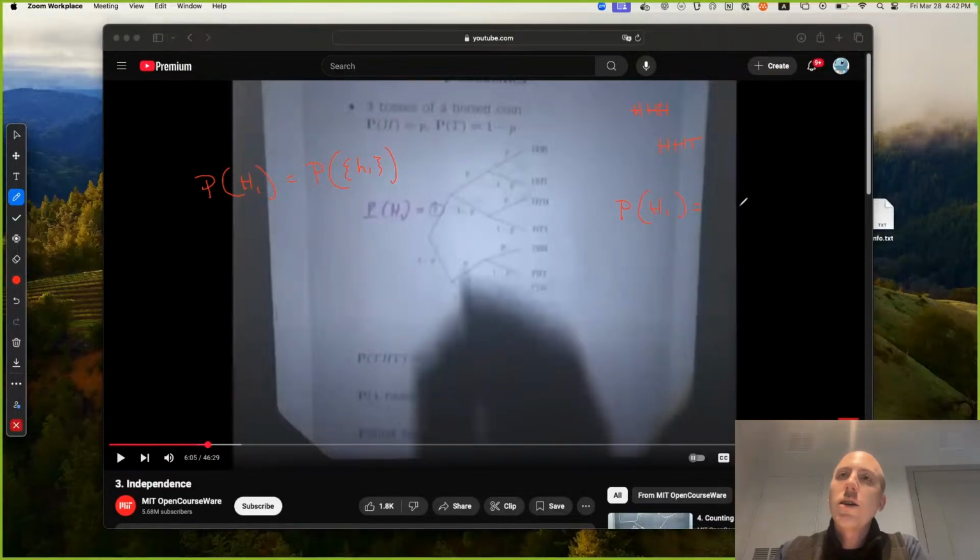This is actually equal to the probability of a set of outcomes where the first toss was heads. So you have all these outcomes: HHH, HHT, HTH, HTT.